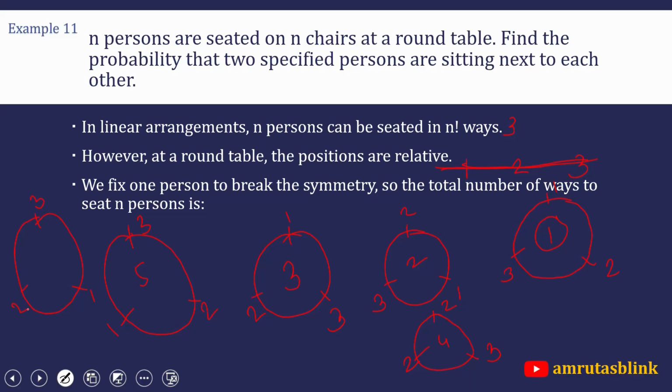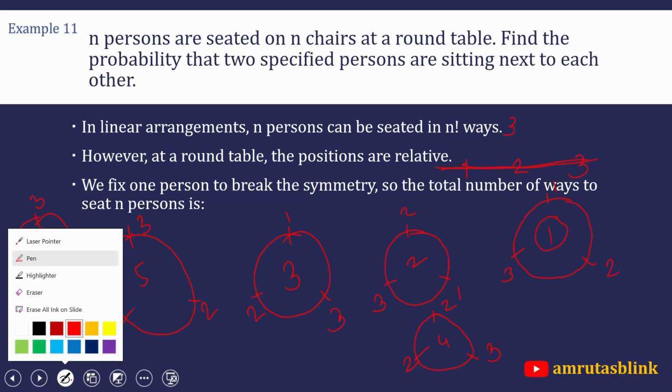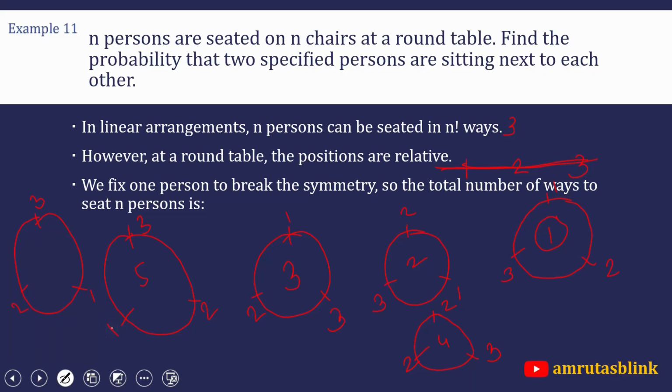But if you observe this arrangement 1, 2 and 3, so this is clockwise 1, 2, 3. Let's observe this one, what we are doing here. So they are sitting 1, 2, 3, that is clockwise. Now here clockwise it is 1, 3, 2.